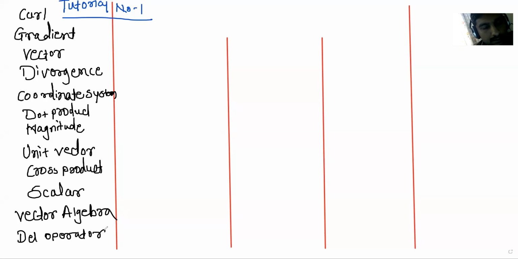Line integral, okay. Rectangular. What did you say?